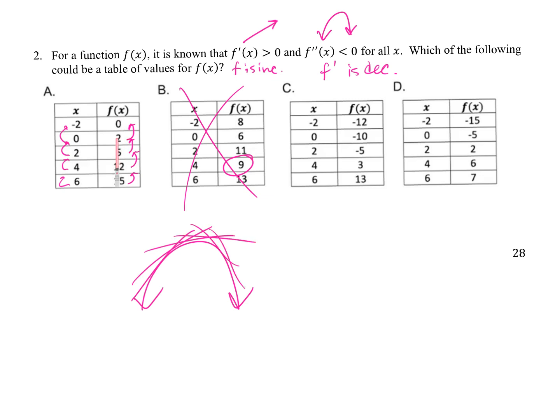These y values are going up by 2, 3, 7, 3. Interesting. This one's going up by 2, 5, 8, 10. Those f prime values would be getting bigger. What about this one? 10, 7, 4, 1. Agreed.